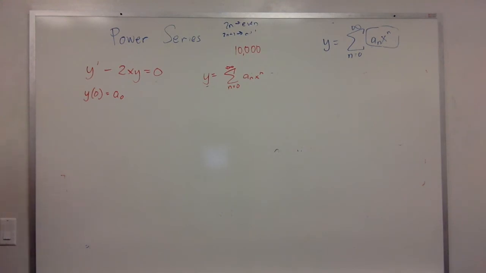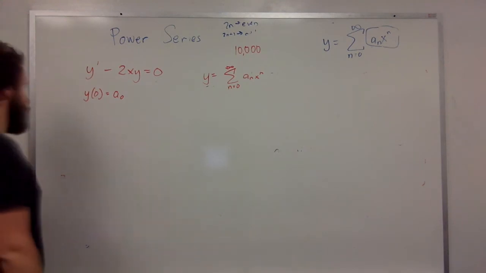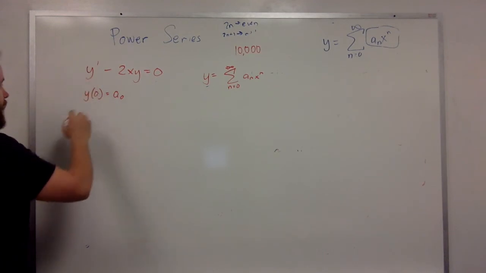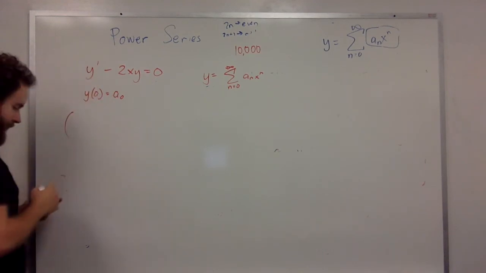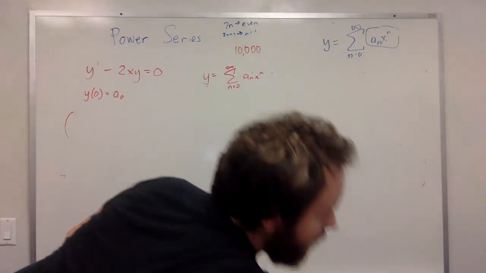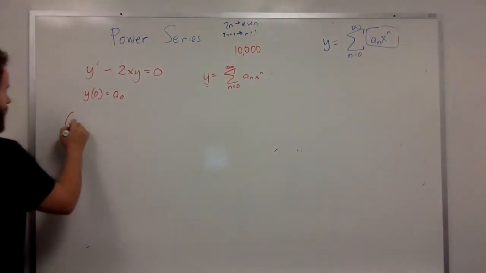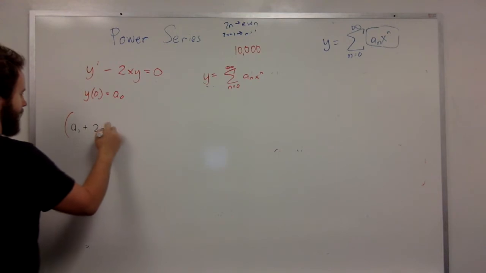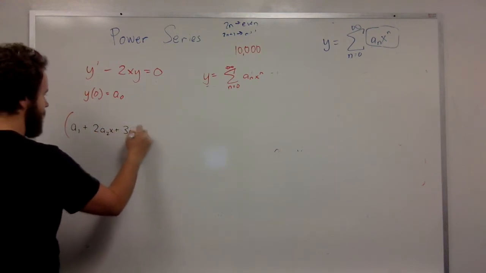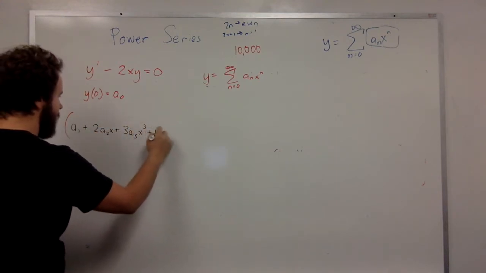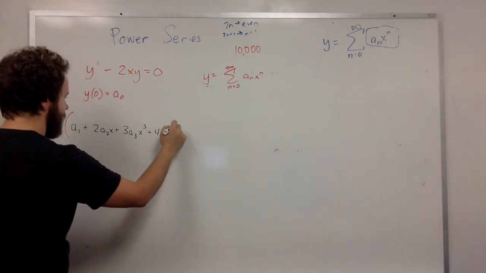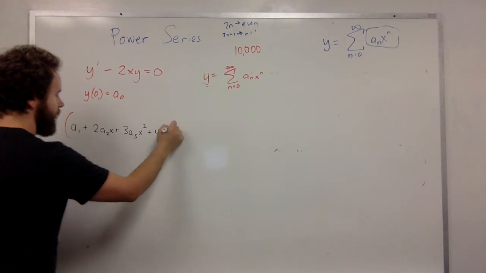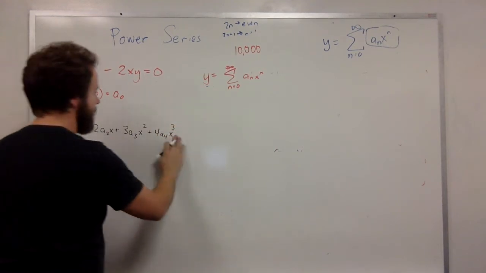We're going to do our usual y prime according to our power series: a1 plus 2a2x plus 3a3x squared plus 4a4x cubed, and let's stop there.